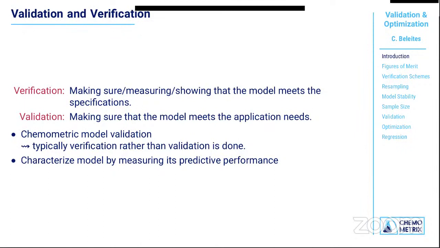This is a difference. Most of what we're doing in chemometrics, but in general also in machine learning, even though we quite frequently call it model validation, is typically more like a verification step than the larger validation. What we want to do is characterize our model by measuring its predictive performance. There are other aspects that enter both verification and even more so validation, but this is, for this afternoon, the bottom line of what validation and verification is going to mean to us.